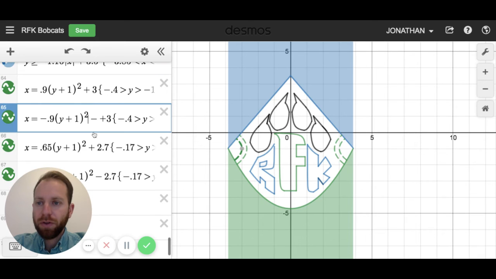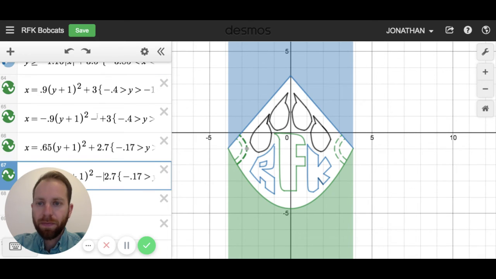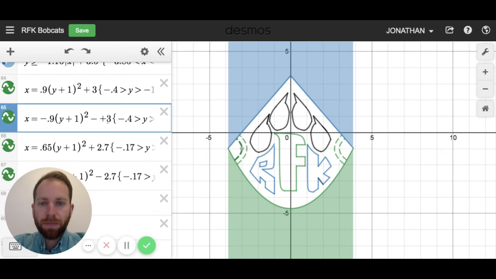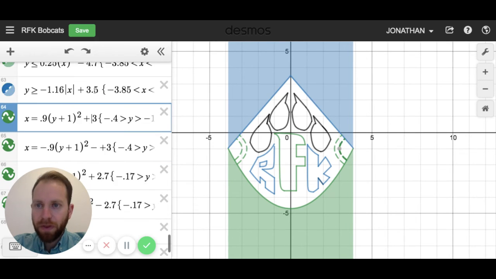And these are some more quadratic equations. And if you'll notice, the only different thing about these quadratic equations that I used here, for example, for this one, notice that it's x equals and the y is being squared.